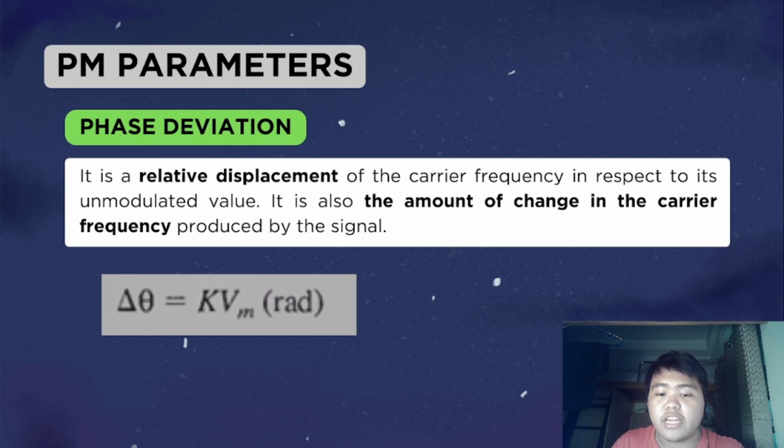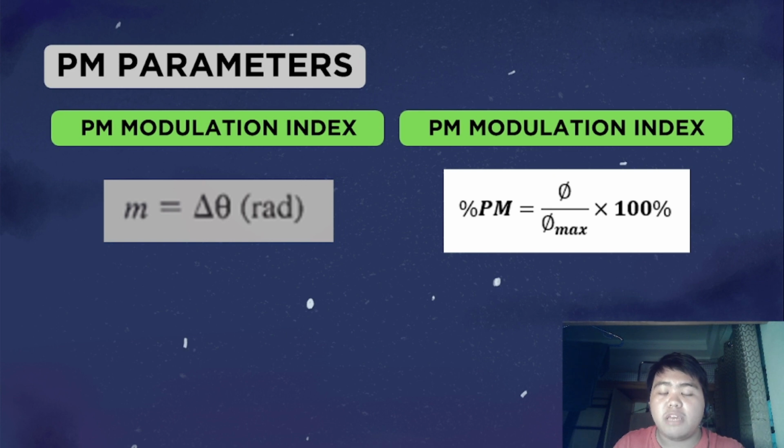The parameter can be described as the product of the phase deviation constant in terms of Hertz per volt and the modulating signal peak voltage in terms of volts, which one can express as the given formula. However, when it comes to the PM modulation index, it is just the phase deviation of the PM signal. So meaning, the PM modulation index is just the phase deviation of the PM signal.